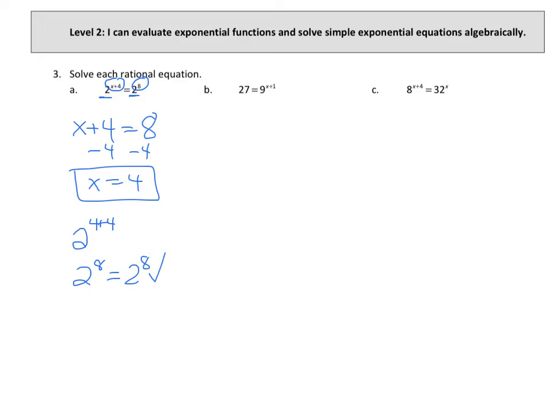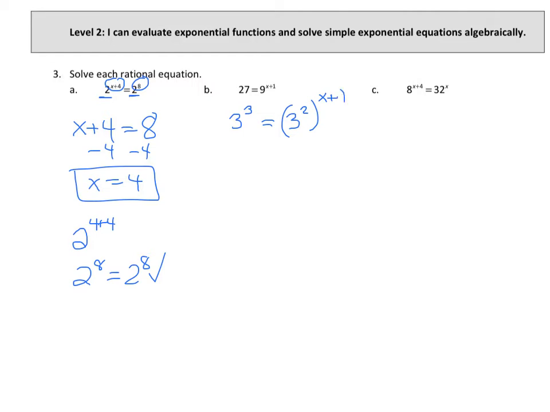Okay, so for part B, we don't have the same base, but we could rewrite these to have the same base. 27 and 9 are both 3 to some power. 27 is 3 to the 3rd, and 9 is 3 squared, which is then raised to the x plus 1.